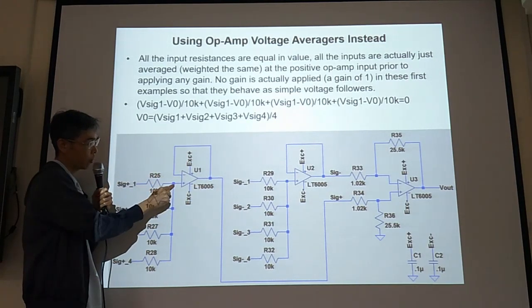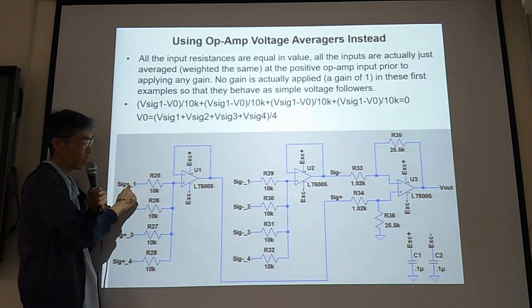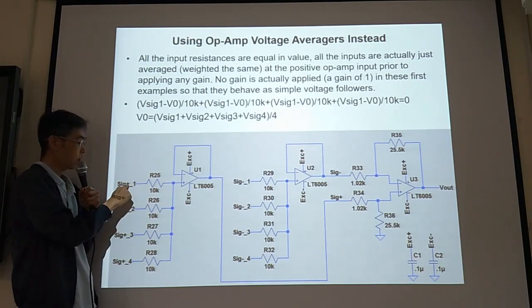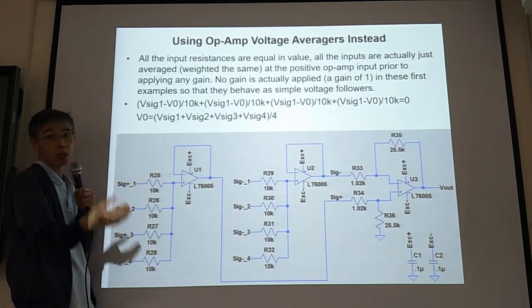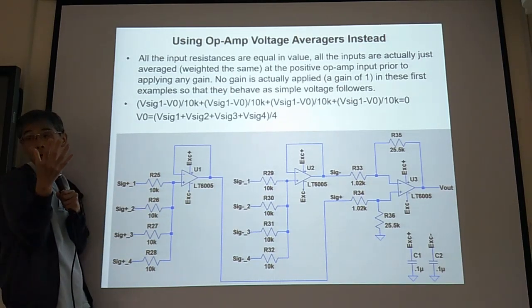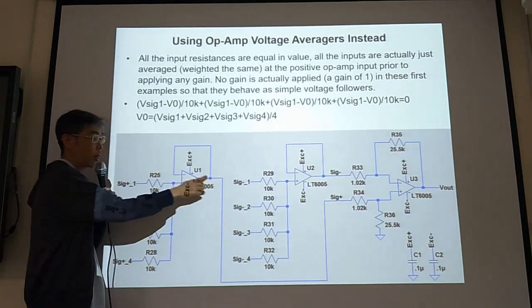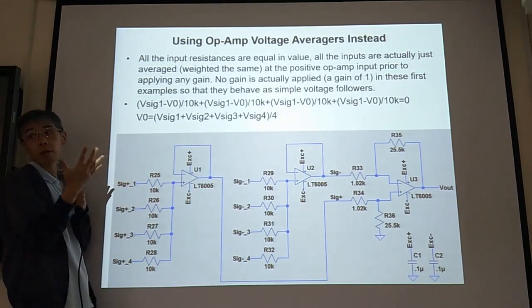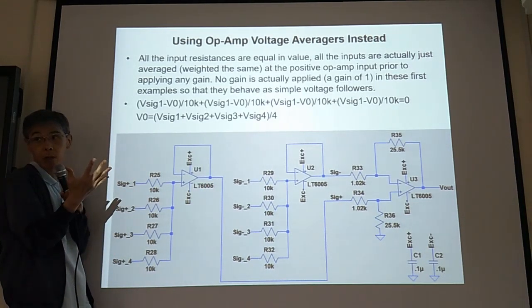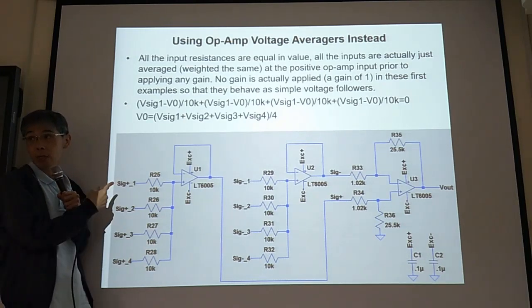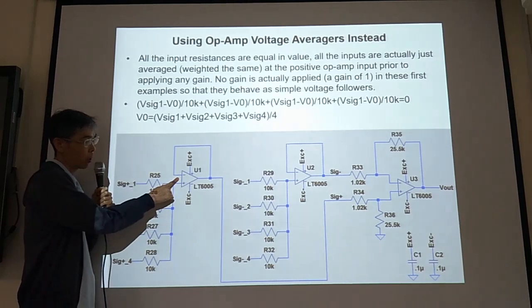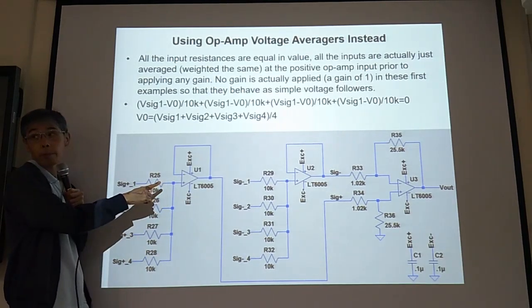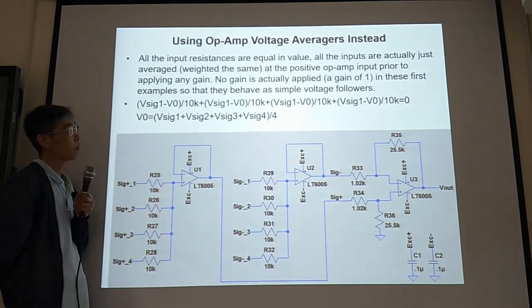V minus equals V plus, V plus equals VI. Which means VI equals VO. So this is a voltage follower. Output follows input. Awesome, do you understand? We use the voltage follower for buffer operation.